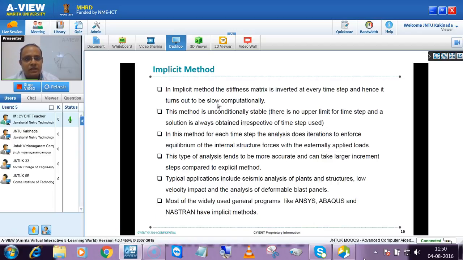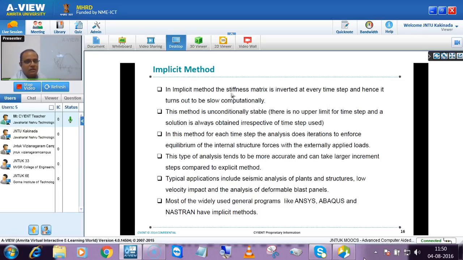In the implicit method, the stiffness matrix is inverted at every time step. Generally when you try to solve transient analysis using the implicit method, it is divided into small steps, called substeps.